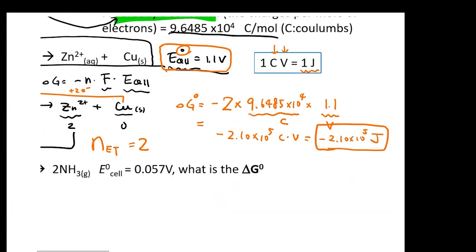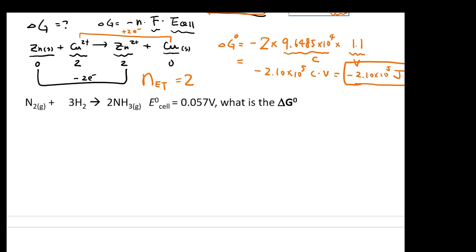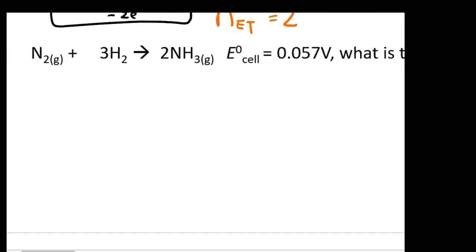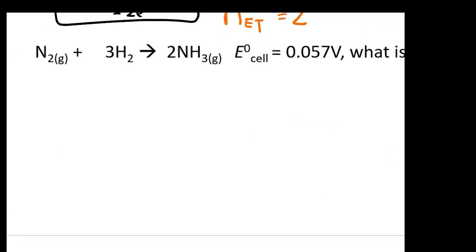So that was the first example, which is the easy one. The more complicated one is this guy. N2 plus 3H2 become 2NH3. It gives you the E naught cell and asks you to calculate your delta G. The most important thing is that you need to figure out the proper number of moles of electrons transferred.